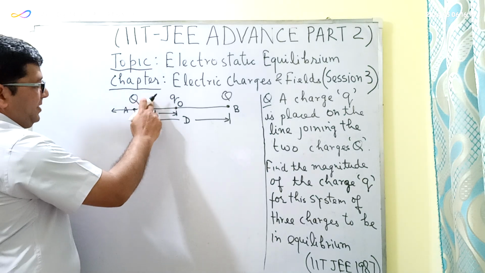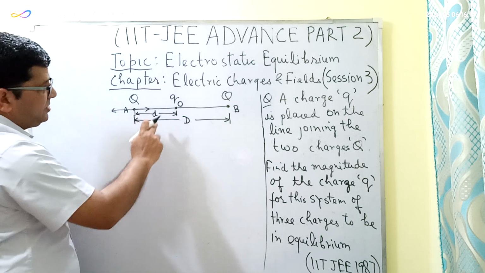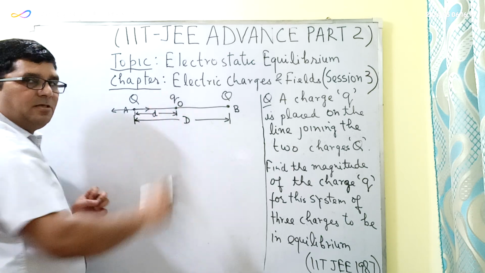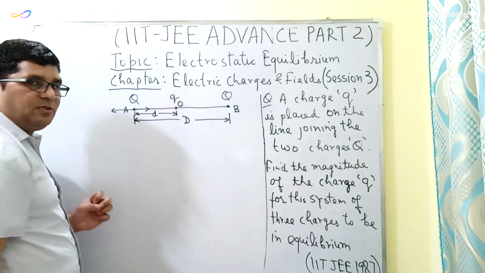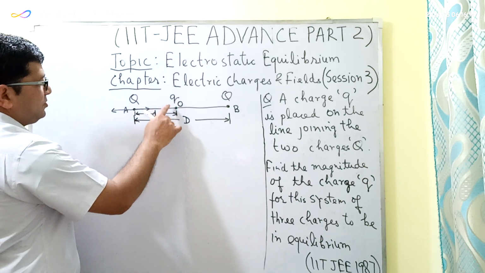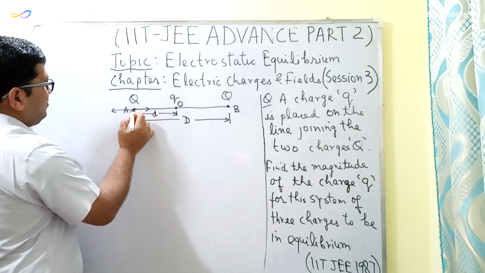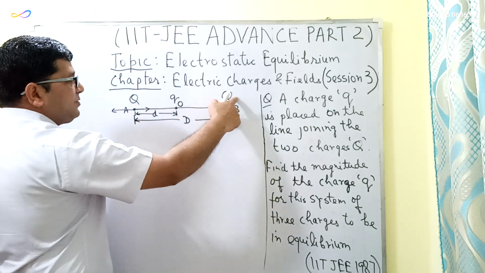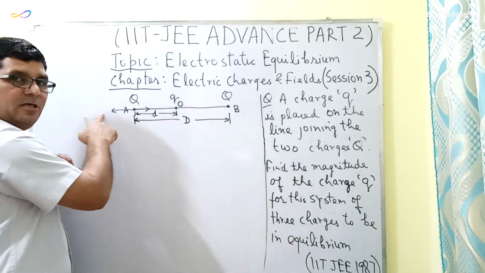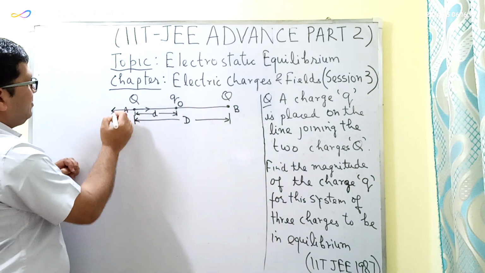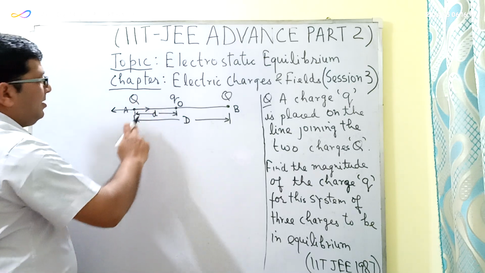And in order to attain this configuration, this charge has to be a negative charge, because if it is a positive charge, then as we know, like charges repel each other. So because of this positive charge, the electrostatic force on this charge will be in this direction, and the electrostatic force because of this charge, that is capital Q, will also be in this direction as indicated by this arrow. So as a result, this charge will not be in a state of equilibrium.